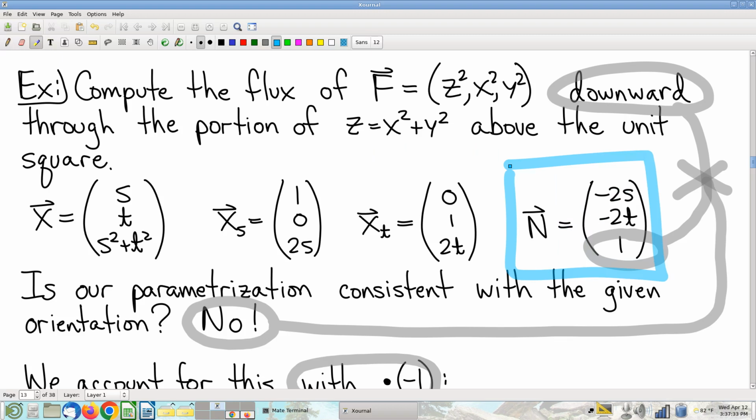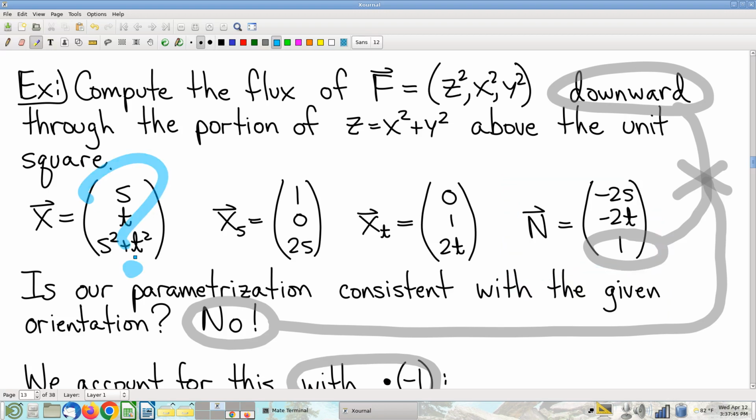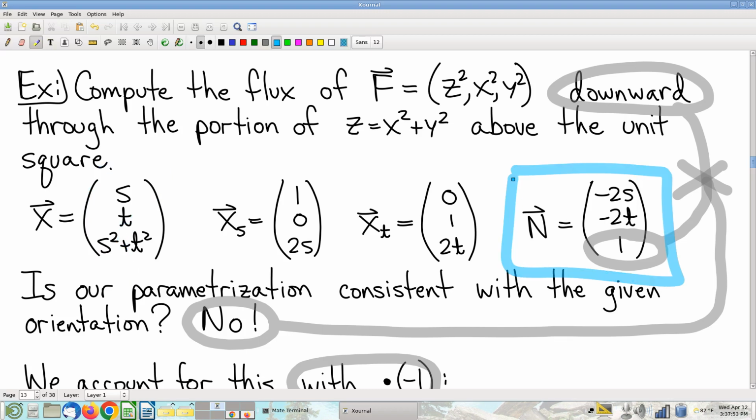When you see your capital N vector, this is when you can first see what direction your parameterization is oriented. Before this, you really can't tell. It's very hard to tell looking over here whether this is oriented one way or the other. Really hard to tell. But looking at this parameterized normal vector, we can see.